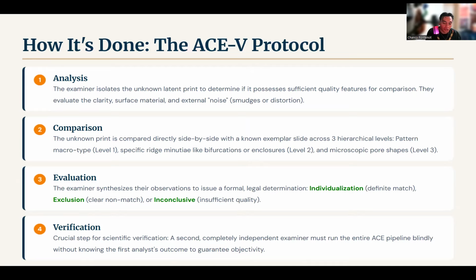E stands for evaluation, and this is making the call if it's a match, an exclusion, or inconclusive. And then we finally have V standing for verification. This is where a second examiner runs the entire process again, completely blind. And this is the human double check. This is what keeps the conclusion objective.